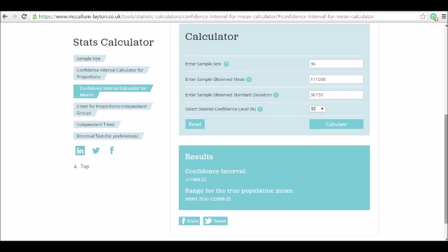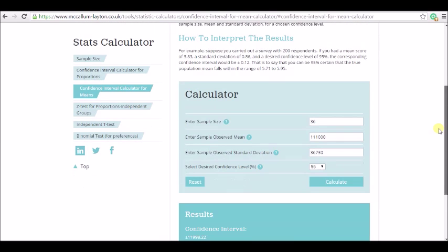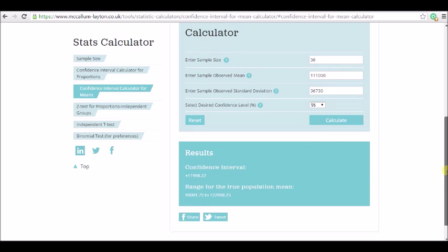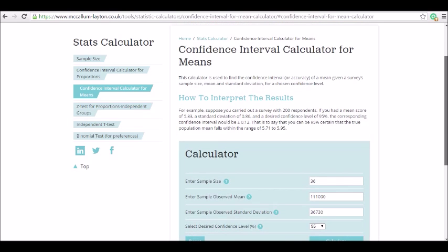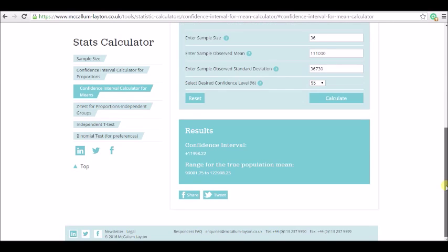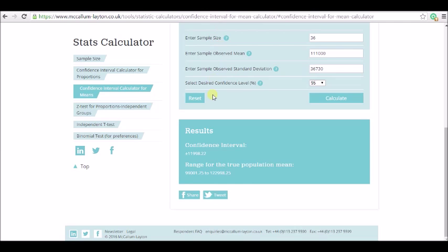Yeah, I'm not sure. I'm kind of stuck on this one. There's a calculator thing here. Just not sure it makes sense. I think it's 99,001. Wait, no, it has to be rounded to a whole number. So 99,002.